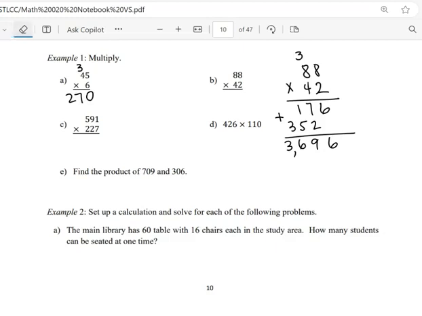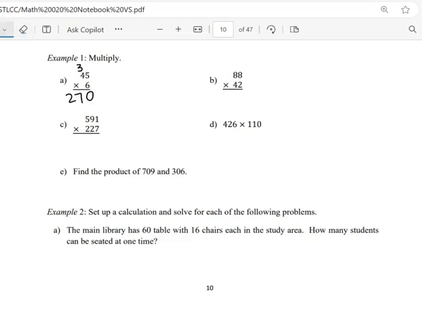So because I need some space, we're going to do the 3 numbers by 3 numbers multiplication. All right, so part C, you need 591 times 227. All right, so numbers are lined up.